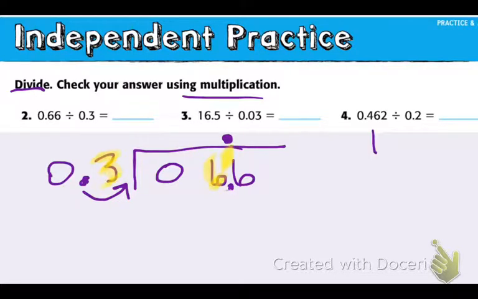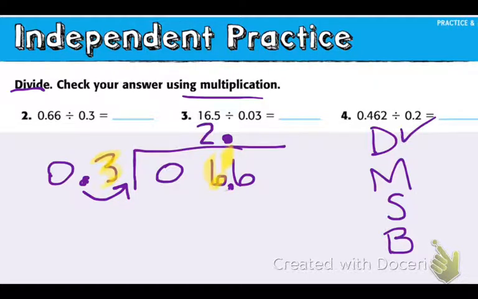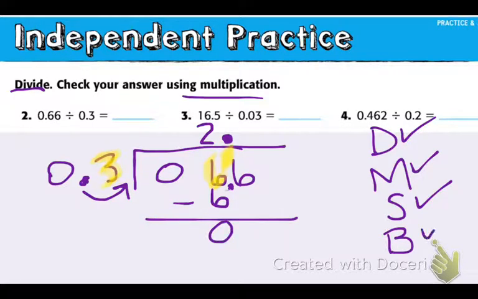Step 4, this is when we bring back those steps. Divide, multiply, subtract, bring down. Well, I know that 3 can divide into 6 2 times. 3 times 2 is 6. I can go ahead and subtract. Bring down that final digit, the 6.